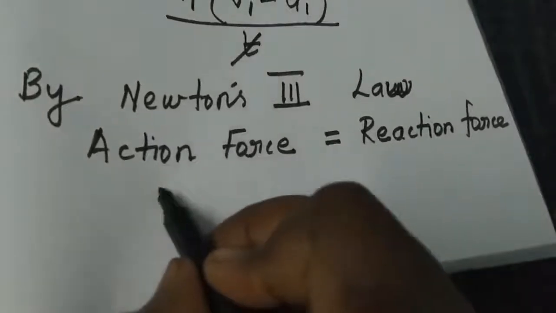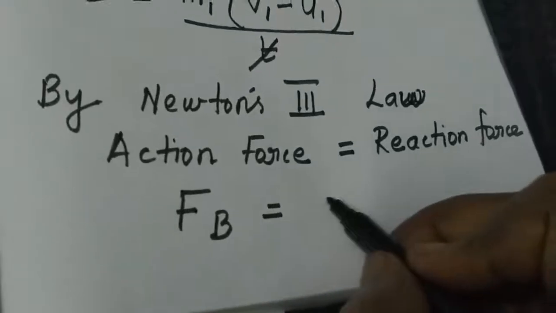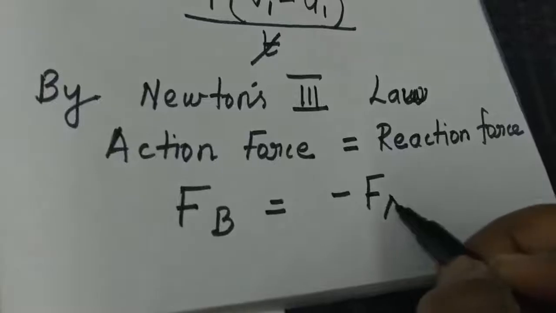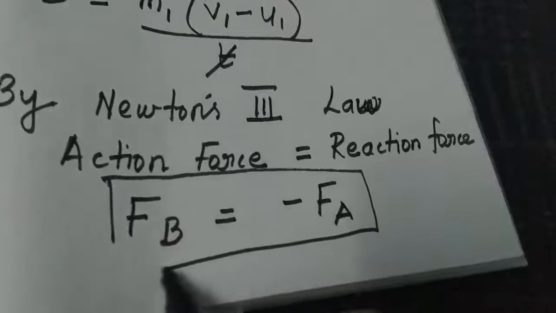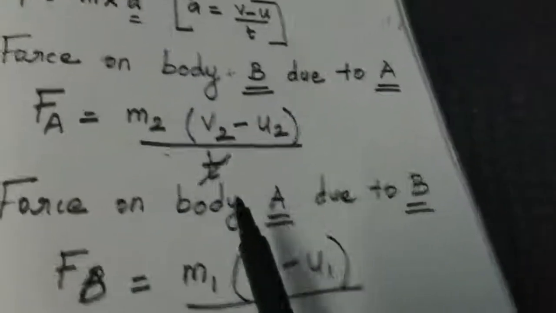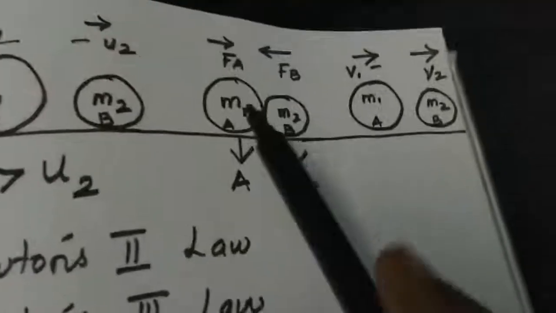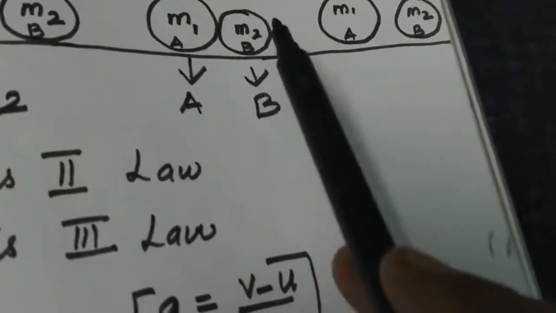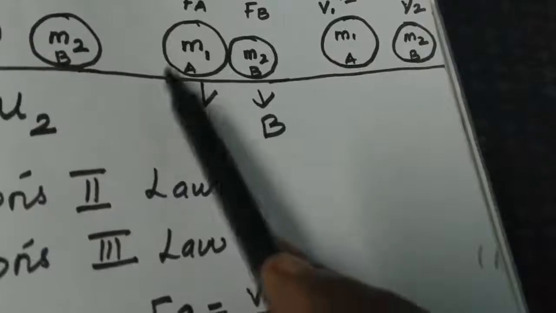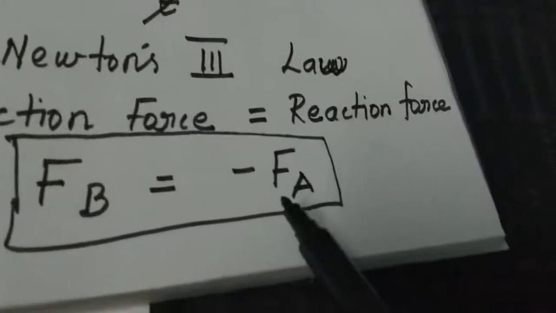Here action force Fb equal to minus Fa. The force on body B due to A is action. The force on body A due to B is reaction. Hence here we are writing Fb as action and Fa as reaction.